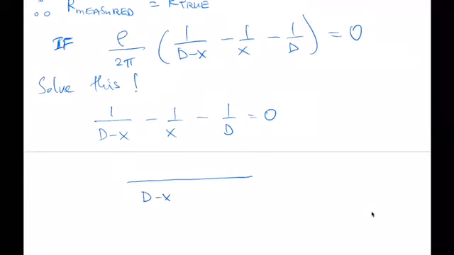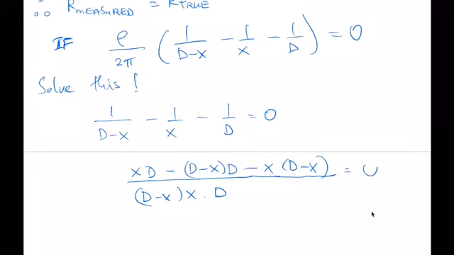So xd minus d minus xd minus xd minus x equal to 0, correct?